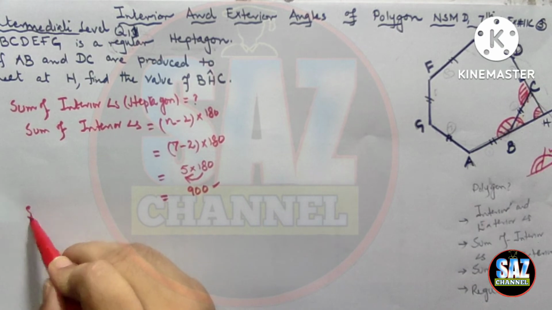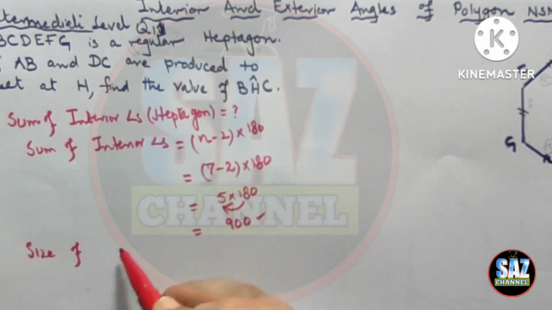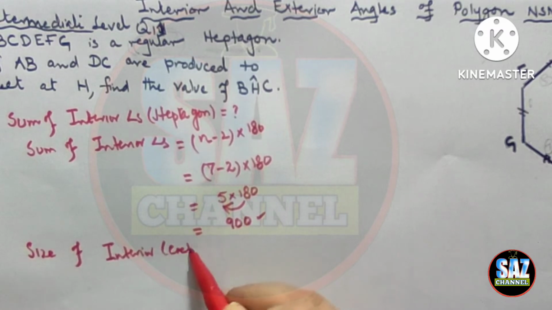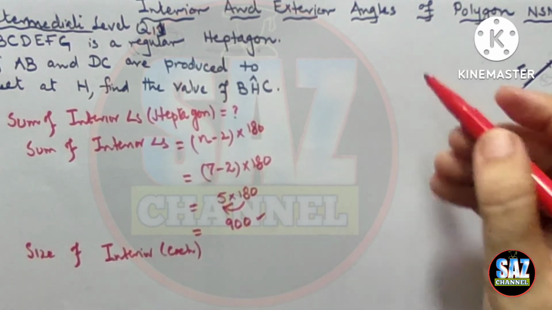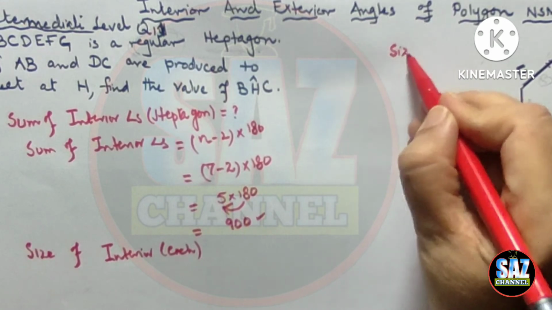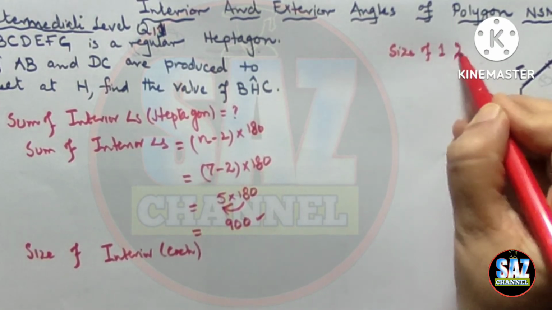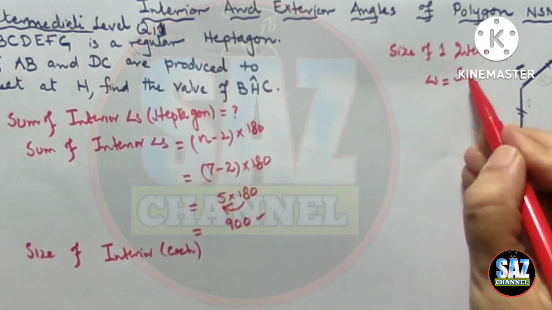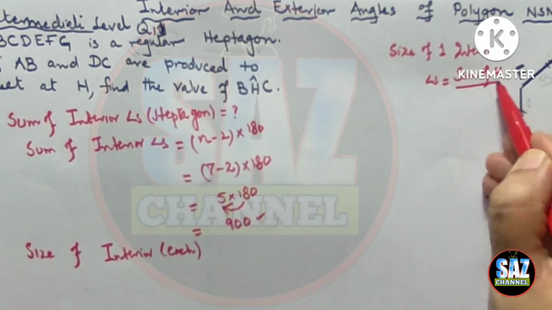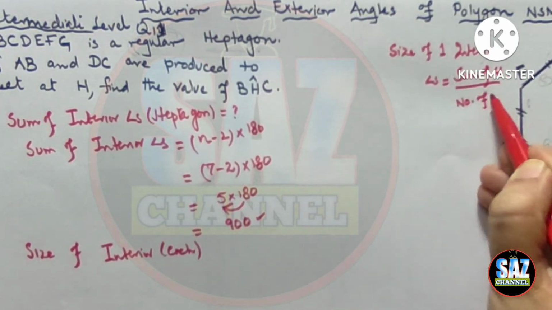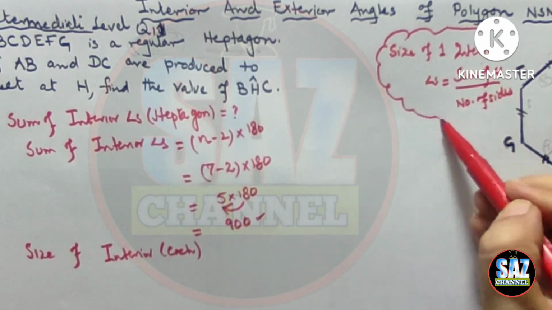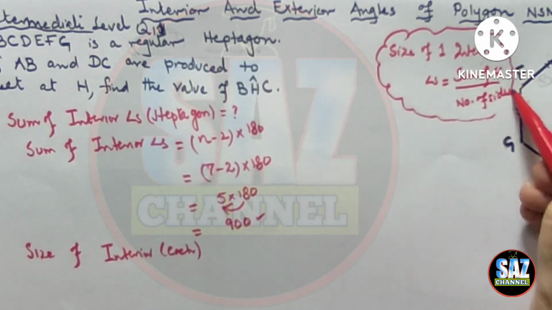So recall the formula: size of one interior angle equals sum of angles upon number of sides. This is the formula, this is the rule that you have to keep in your mind and apply in your later working, so that learning becomes perfect.